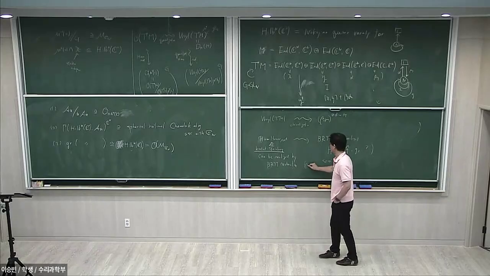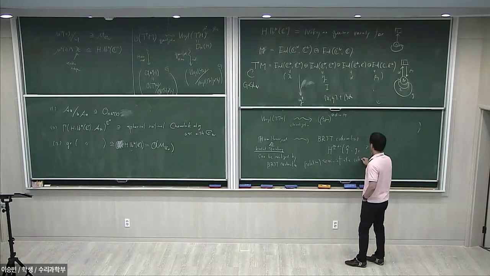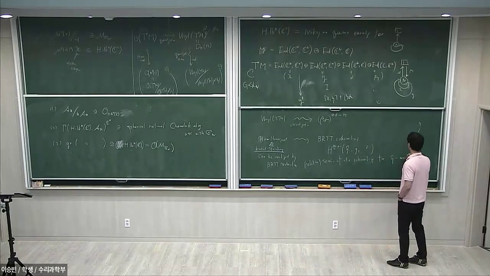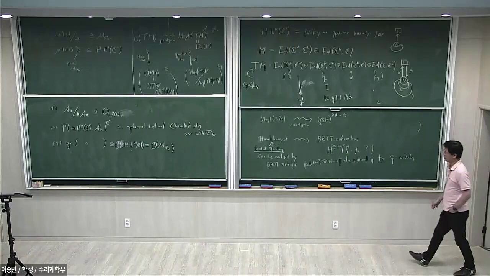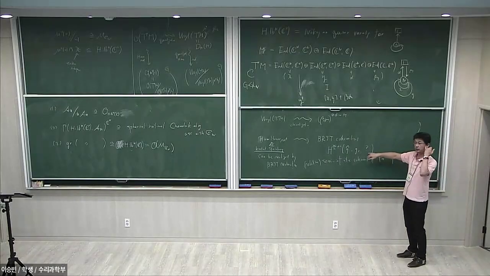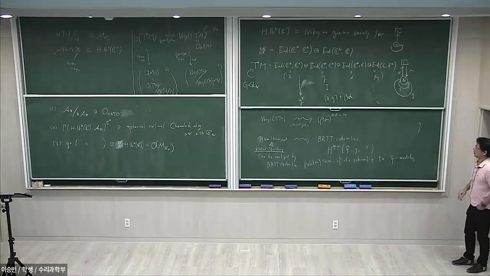It's actually relative semi-infinite cohomology. I do not define this cohomology, but it's really an analog of the Chevalley complex for the Lie algebra. So if you know the Chevalley complex for the Lie algebra, this is very easy to define.